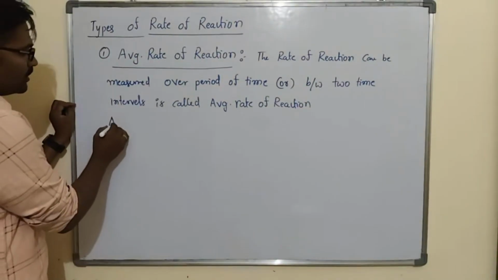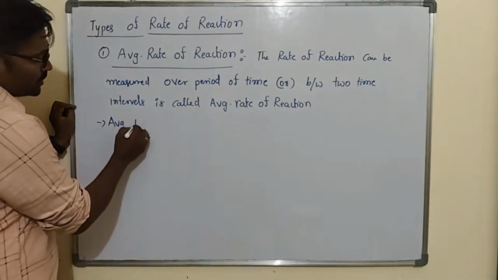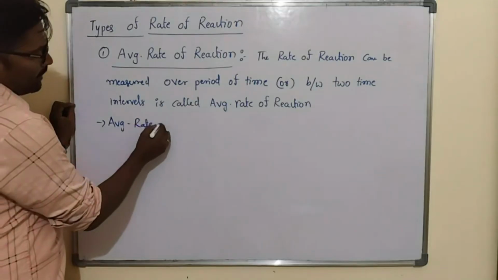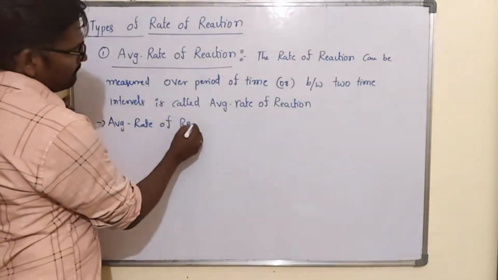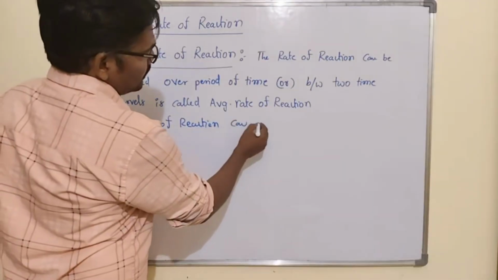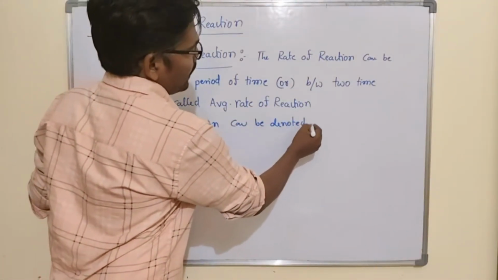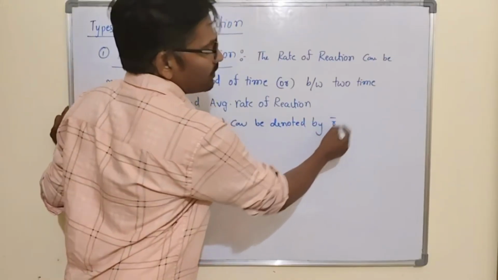So average rate of reaction can be denoted by R bar.